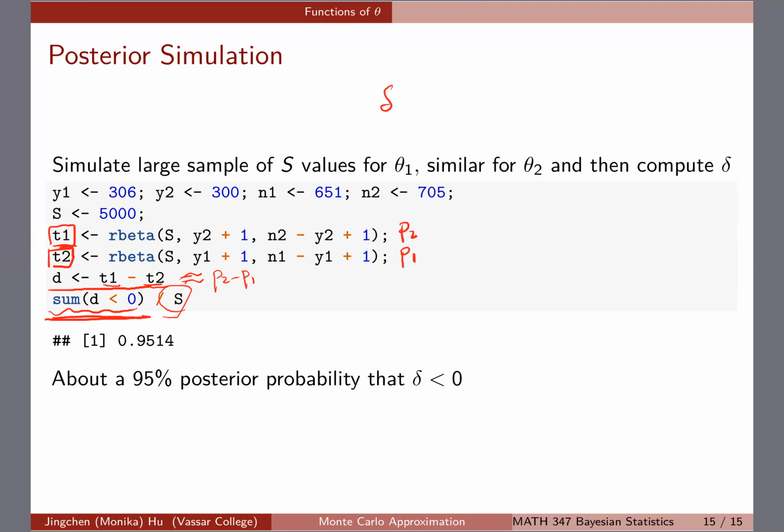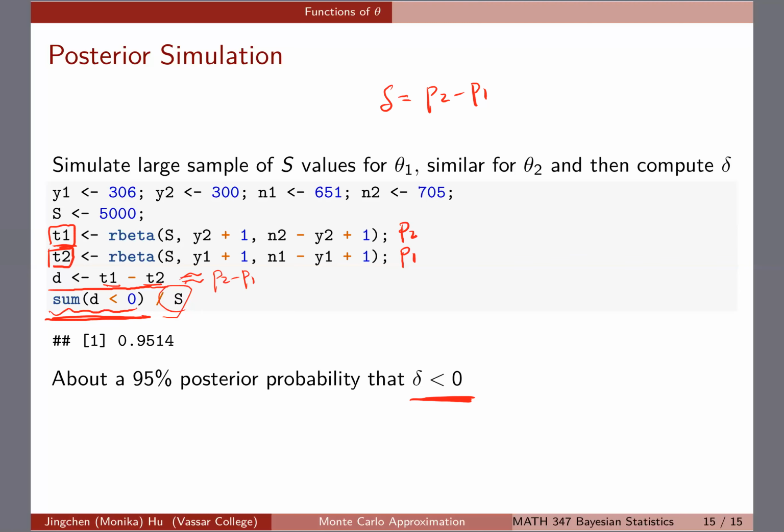Earlier, if you remember, I did define P2 minus P1 to be delta. So yeah, I think it's still correct. It's a little bit awkward that I defined T1 and T2 sort of reversed, but it's still giving us the approximation probability that delta will be smaller than 0.